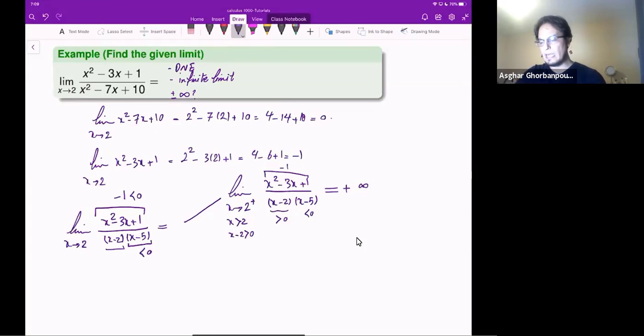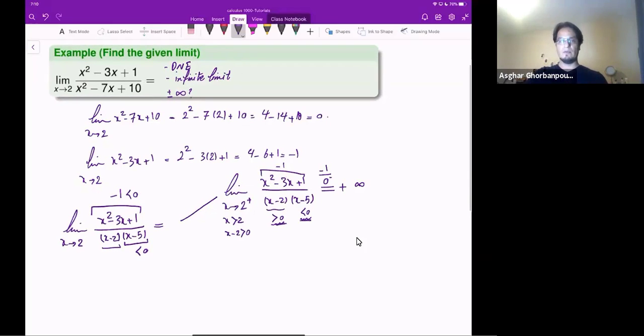Or the way I write this kind of case is that negative 1 is in the numerator. In the denominator, we have negative here, positive here, but it will be close to 0. Sorry, the numbers will be close to 0, but from the negative side. You see, negative times positive. So then you have a negative number in the denominator, a negative number in the numerator.